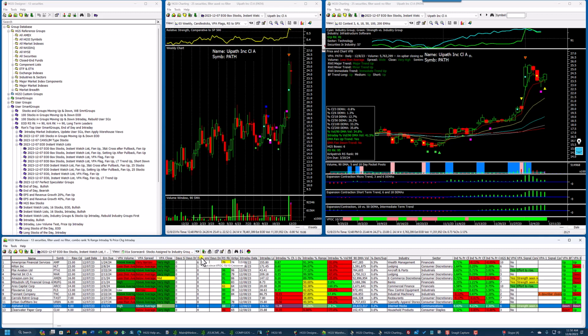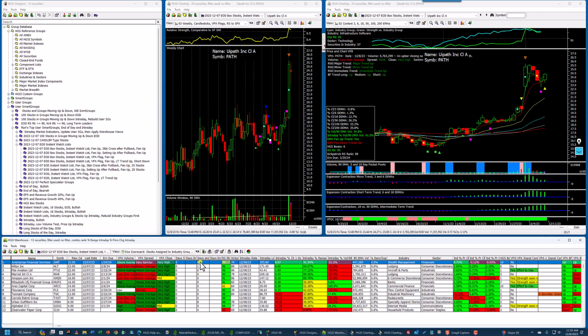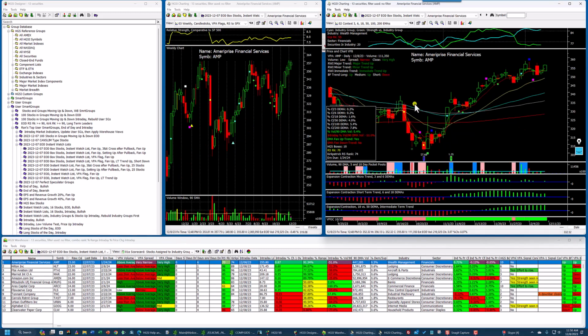Now the days since the volume point of control crossover could be 0, it can be any number. So this one right here, AMP, crossed over 7 days ago on the VPOC, but only yesterday on the 3 and 6. So I'll bring it up, just double click on it, and you can see the VPOC right here crossed over.